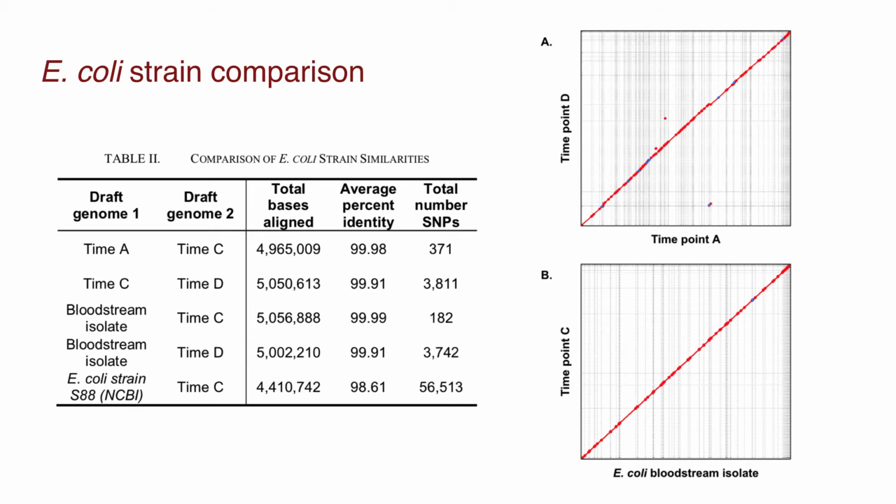And that's basically what we see here when we're comparing the intestinal strain from time point A to time point D, as well as comparing the bloodstream isolate to the intestinal strain at time point C. And what we don't see are any inversions or deletions or duplications of a large size that would suggest that the strains are different.